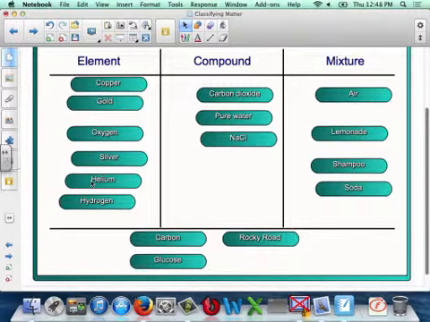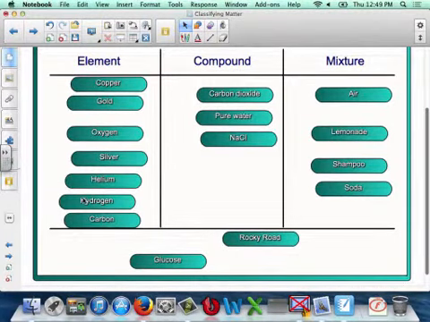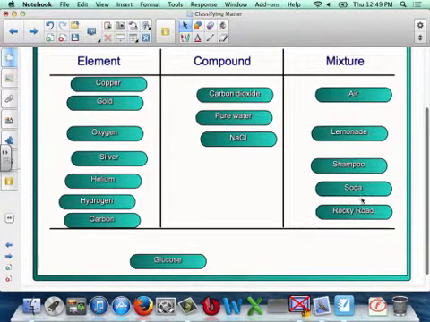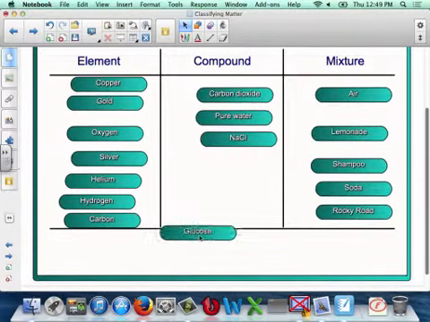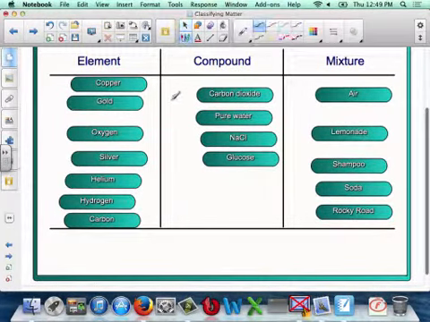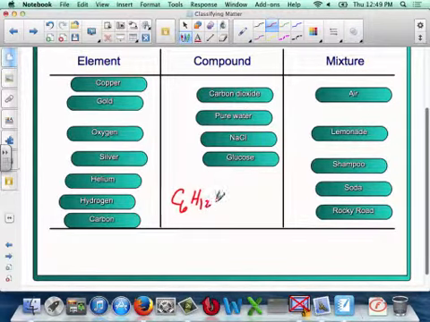Dakota Lee. Carbon is also an element. Corey. That would be a mixture. And the last one, glucose. Drew. That is a compound. Guys, what is glucose? Glucose is your body's natural sugar. It's C6H12O6.